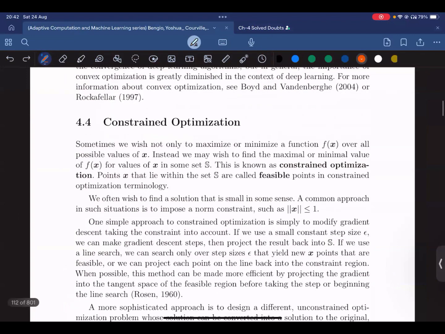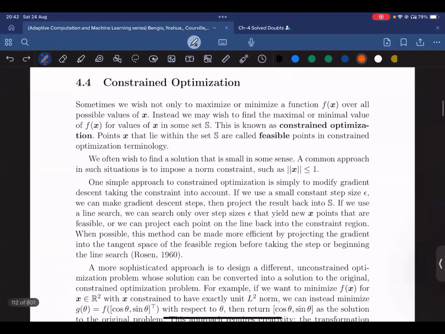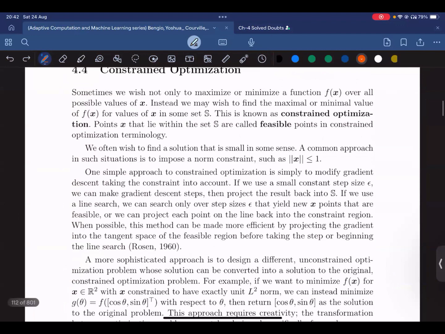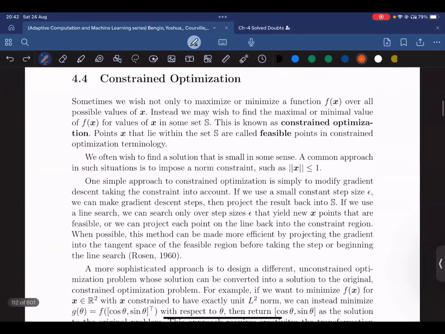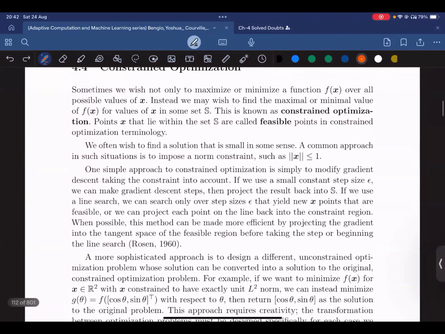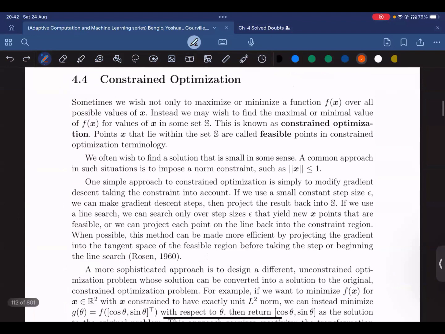Now, coming to constrained optimization. Constrained optimization is also not something different. It's just that instead of dealing with all possible x values, we are constraining our x values to a set S, which is known as the feasible points.